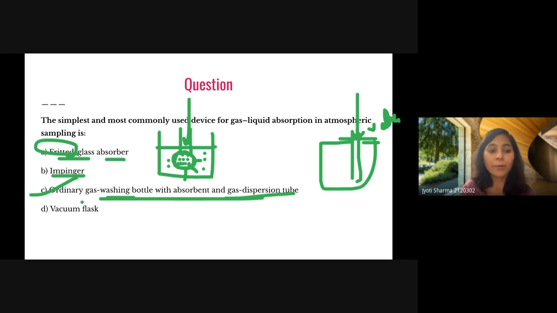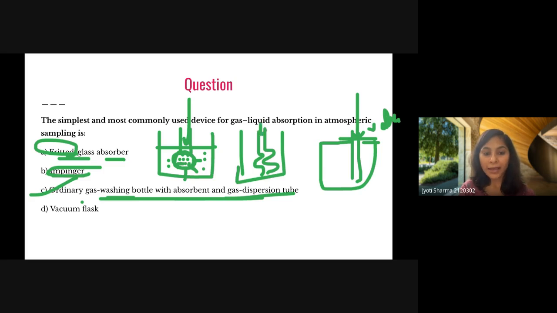If we are talking about impingers, then an impinger again is a flask, and if we have such kind of things, it means we have air and we are trying to give more time to the air to be absorbed.